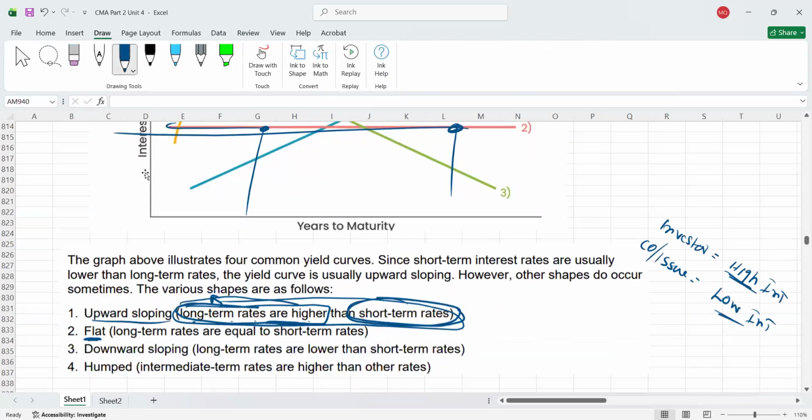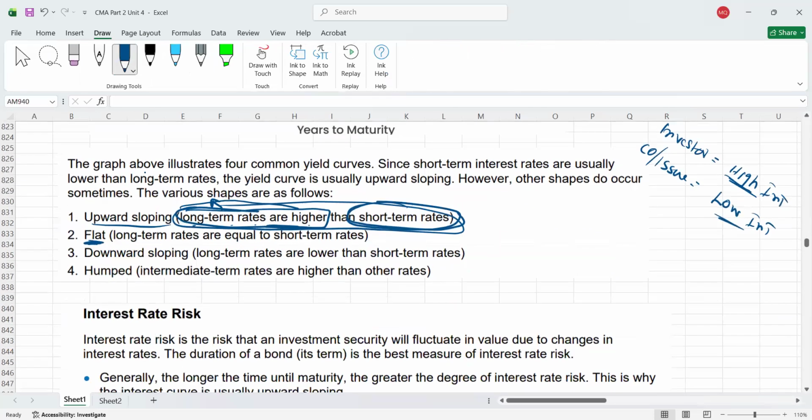If the line is flat, long term interest rates are equal to short term. So as a company you can issue either long term or short term, because the same interest rates are there. As an investor, again you can invest in the long term or short term, that's your choice.